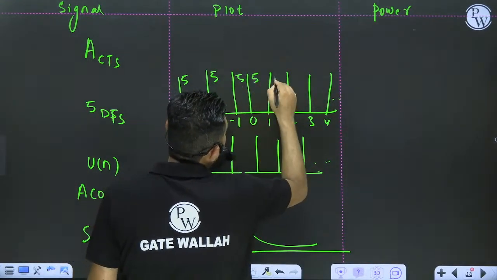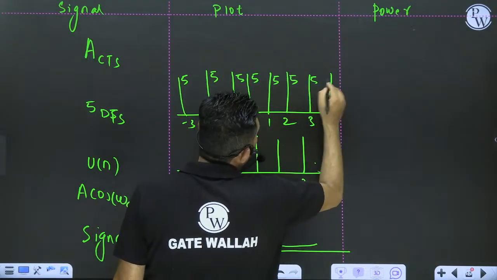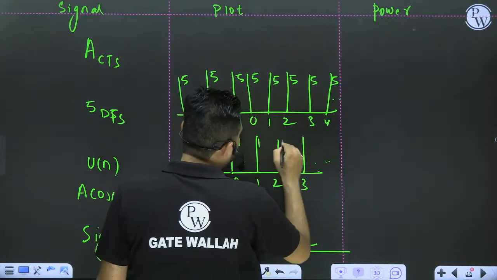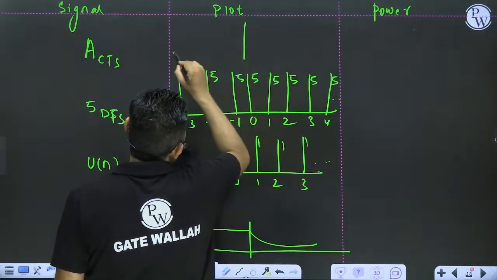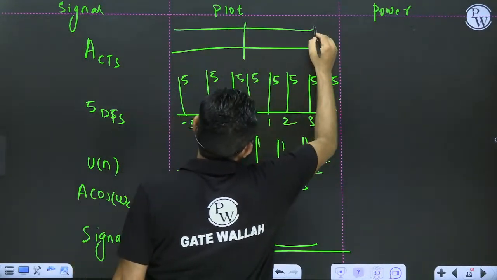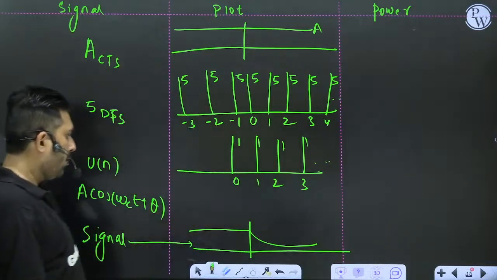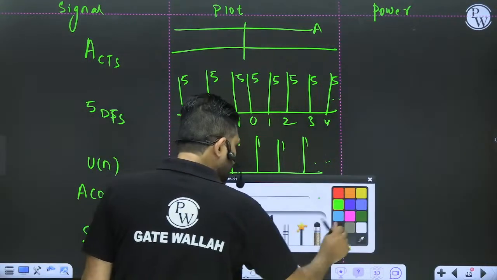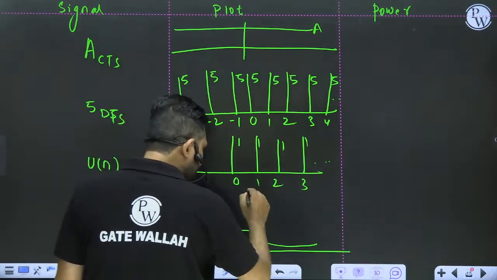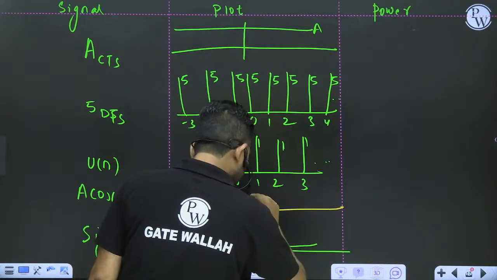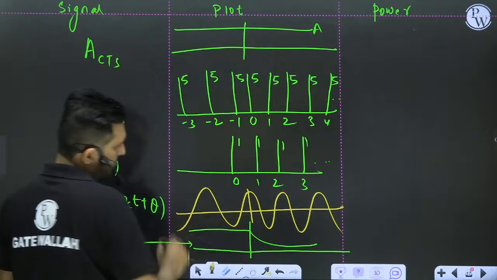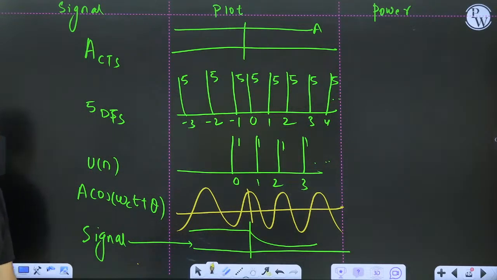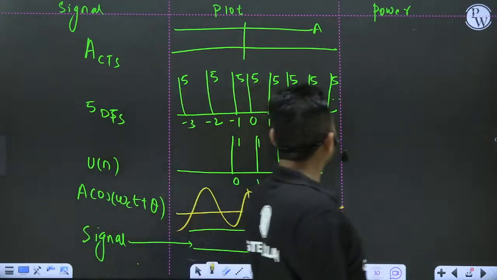Forgive my drawing, please. 1, 1, 1, 1 everywhere. A is this one. And what about A cos(omega_c t)? Let me change the color. A cos(omega_c t) is this one. A cos(omega_c t + theta) is this one.